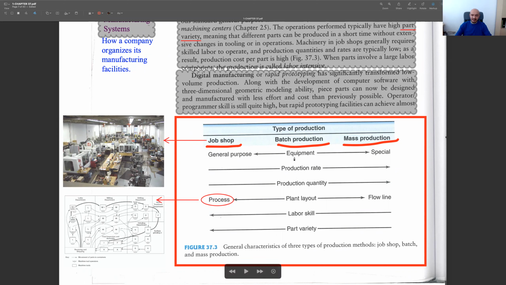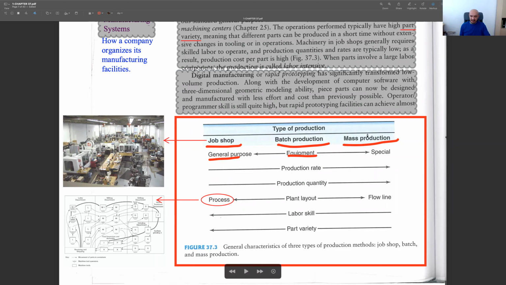So let's consider the type of equipment. In job shop manufacturing systems, we have general purpose machinery. Here's an example. As you see, we have milling machines, turning machines, drilling machines, and they are randomly placed. We don't have a specific order between the machines.